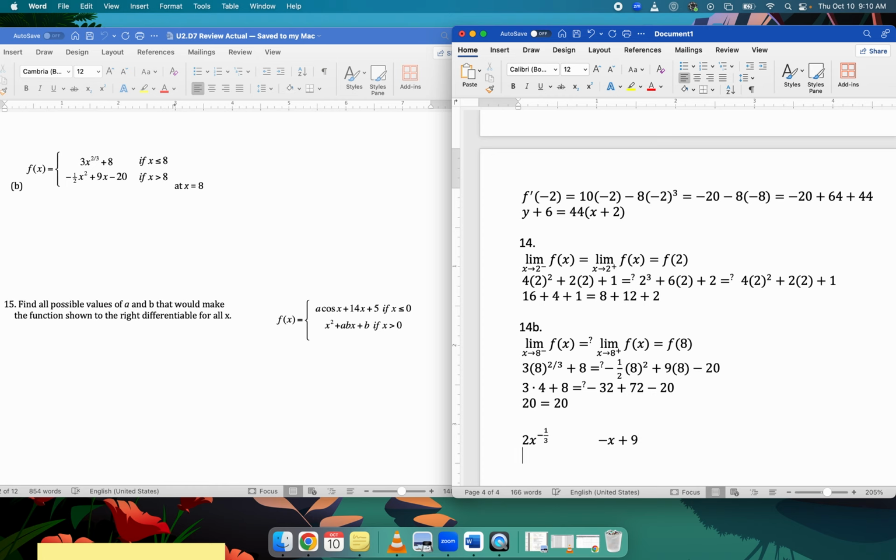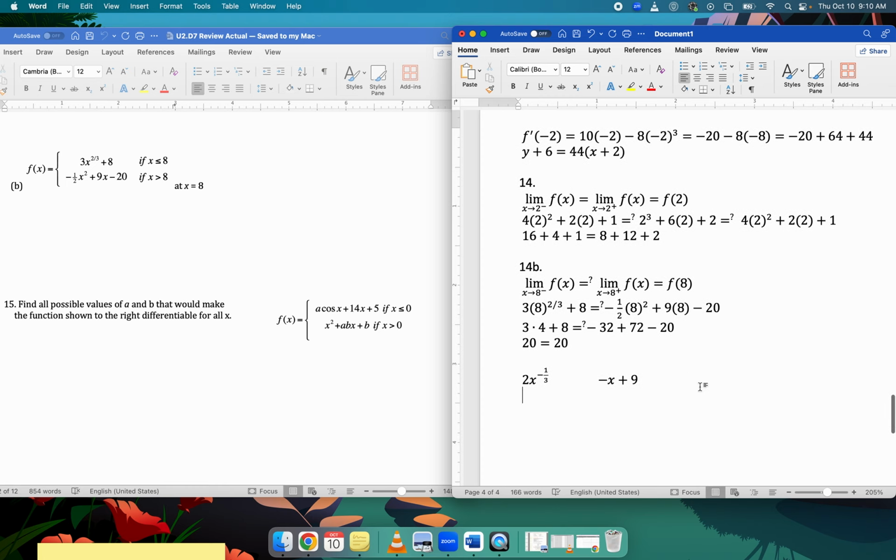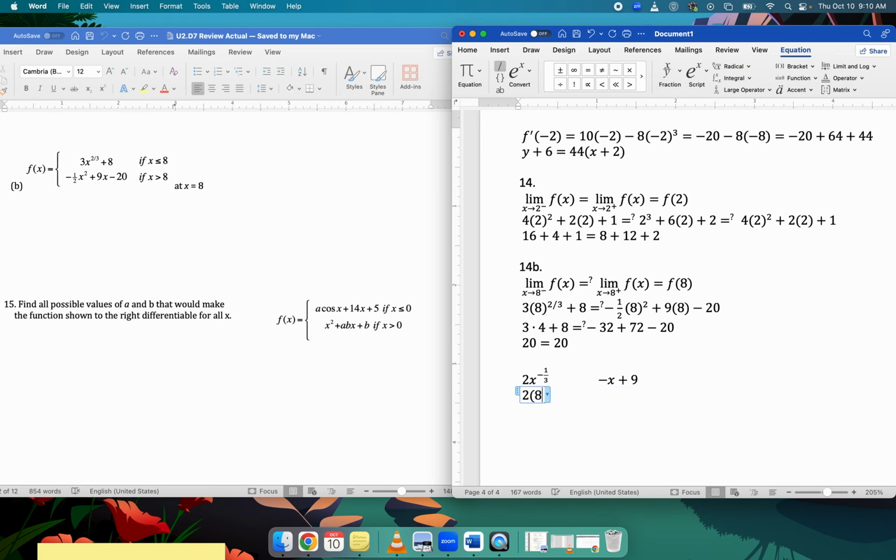Okay, now the question is, are these two functions equal at x equals 8, right? It's not like, are those two functions equal as functions? It's, do they have the same value at 8? So the question is 2 times 8 to the negative 1/3, is that equal to negative 8 plus 9?